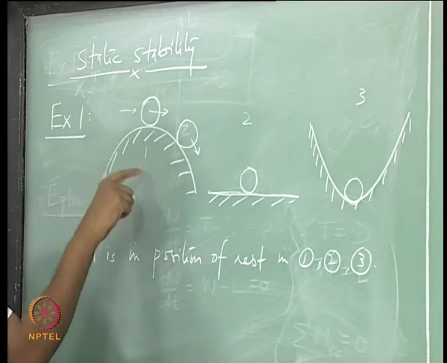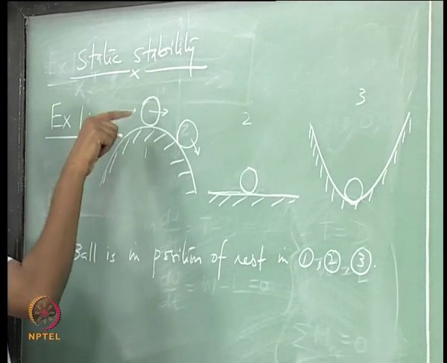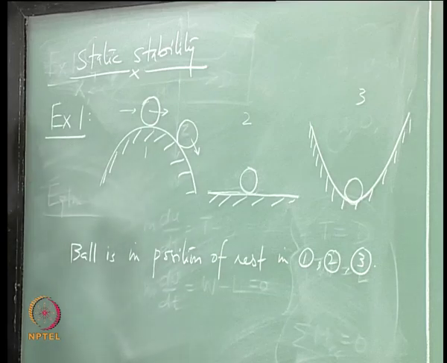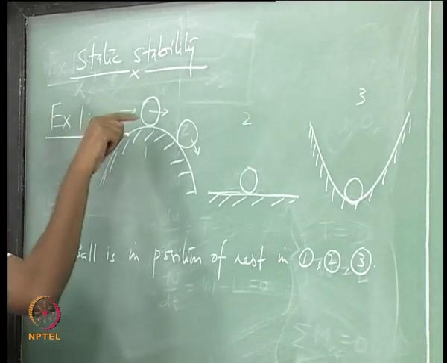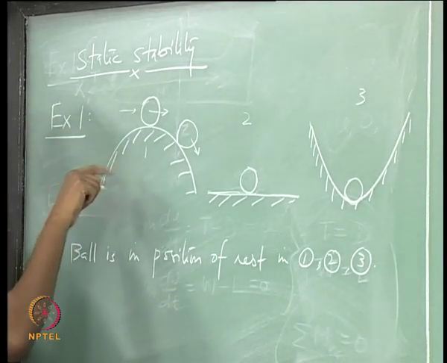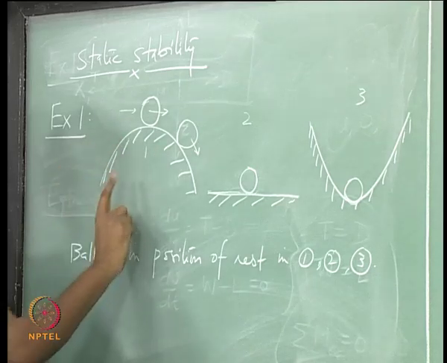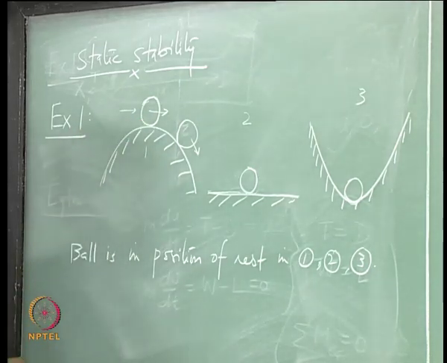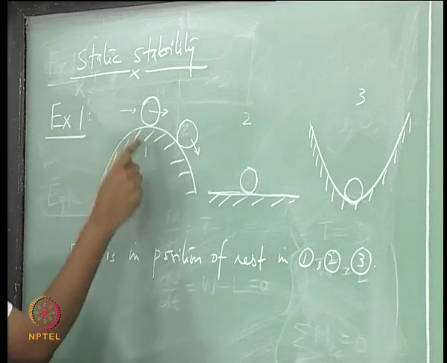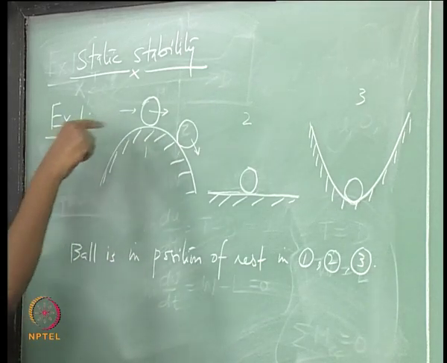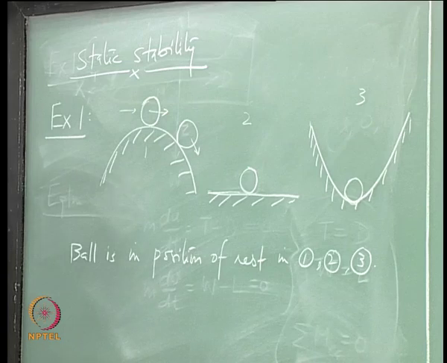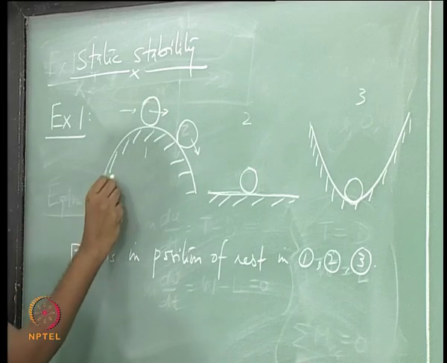So, what is happening in this case is, when we disturb this ball from its equilibrium position of rest, it starts going away from this position. When this happens, we say that this equilibrium position of this ball is unstable.